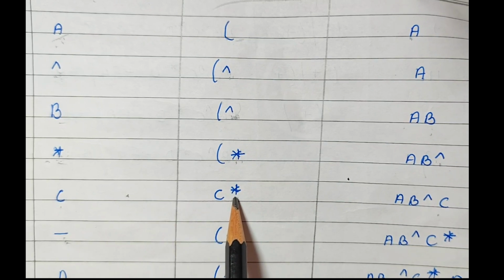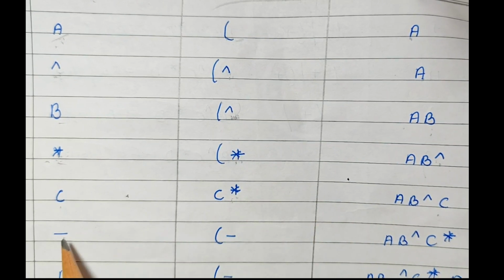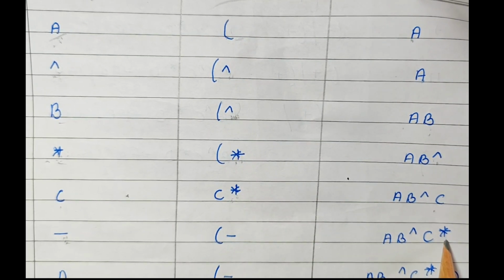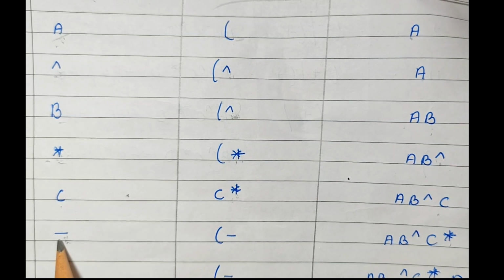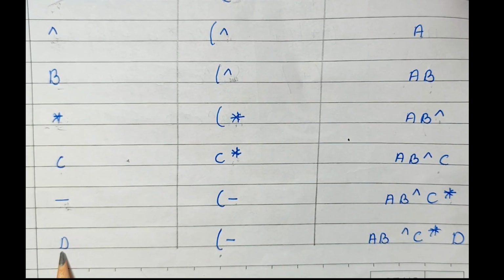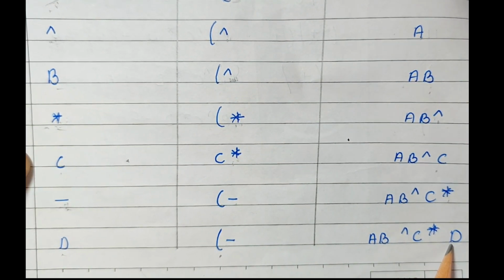So we pop the operator that is already in the stack and push the scanned operator inside the stack. So we popped and include the star in the postfix expression and push this minus sign in the stack. After this D will come. D is an operand, so we write D as such in the postfix expression.